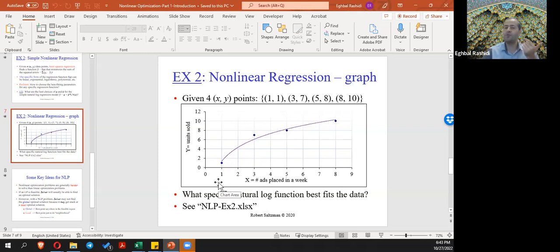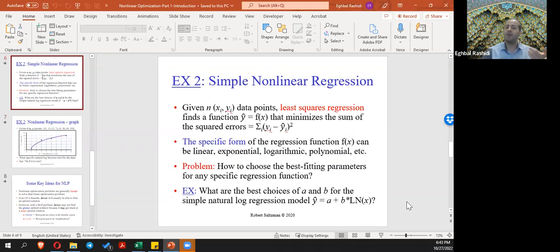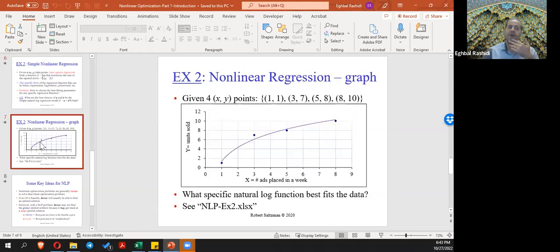And what we are trying to find is actually the best fit natural logarithm function using this function, a plus b multiplied by natural logarithm of x. So it's going to be a curve like this. The curve is non-linear, but we are trying to find a and b such that it is the best fit. That means it's the best prediction that these points are going to fit into.